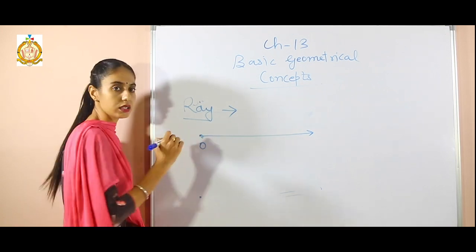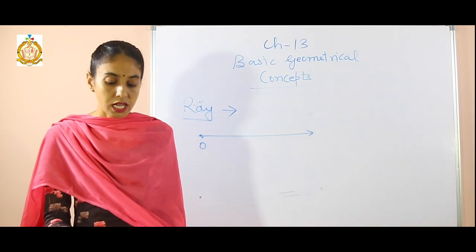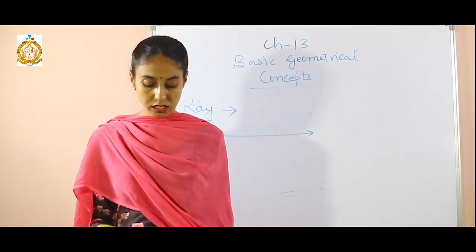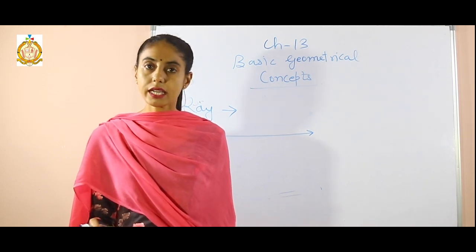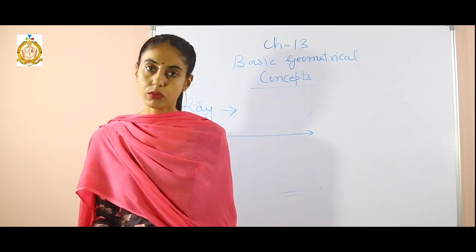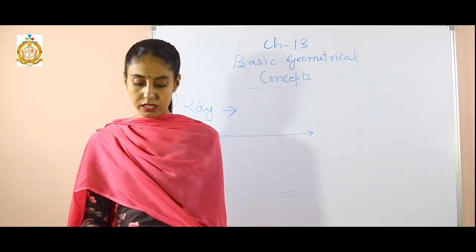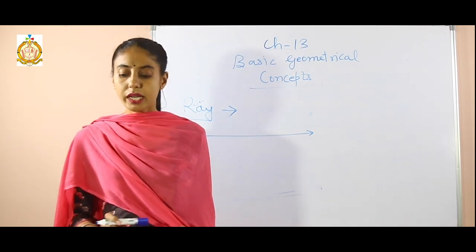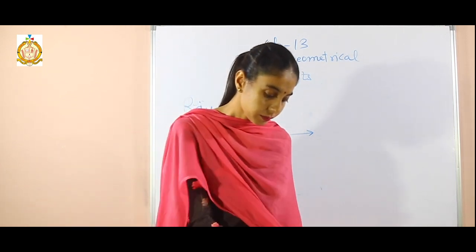This is called a ray. So a line segment has definite endpoints, a line has no endpoint, and a ray has only one endpoint. Clear?